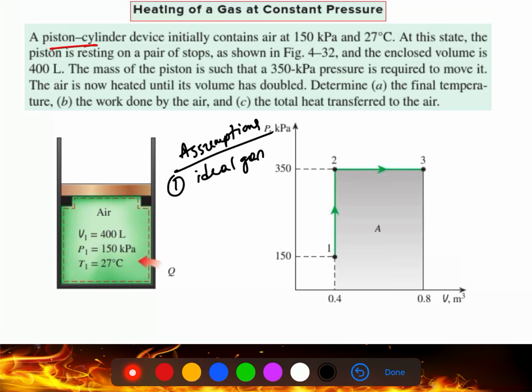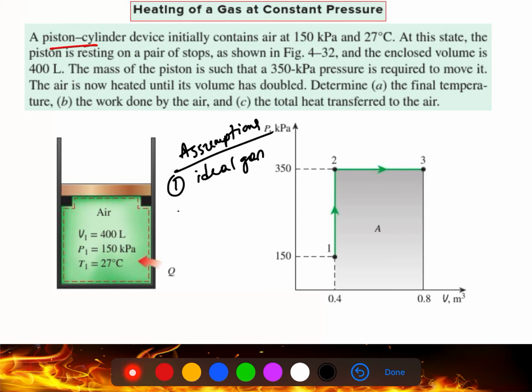This system is a stationary system, so our assumption is that the kinetic energy and the potential energy are 0.